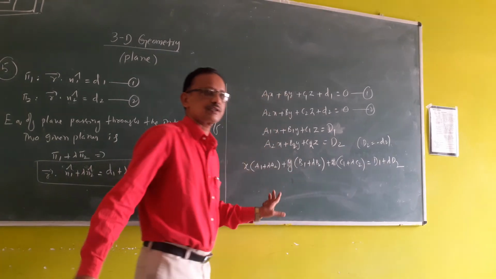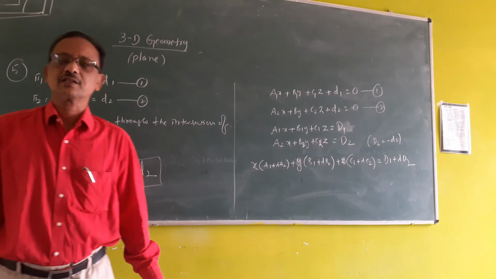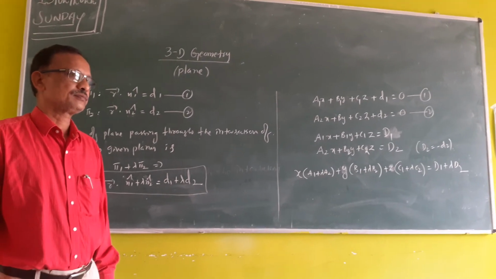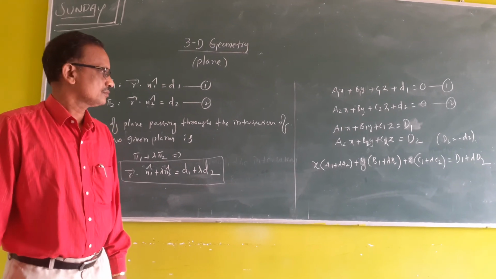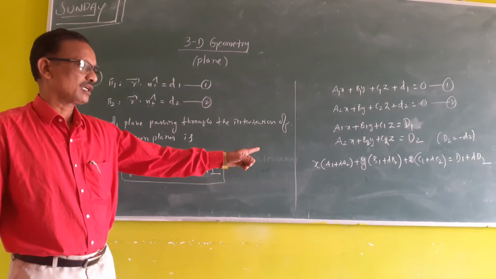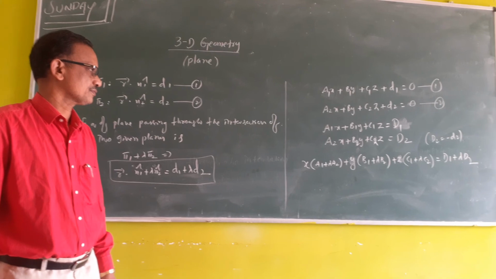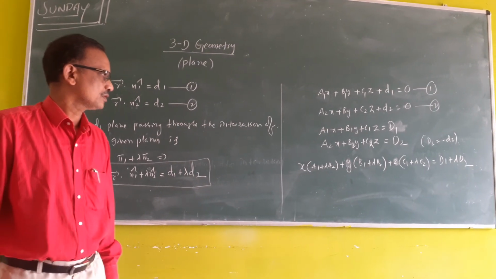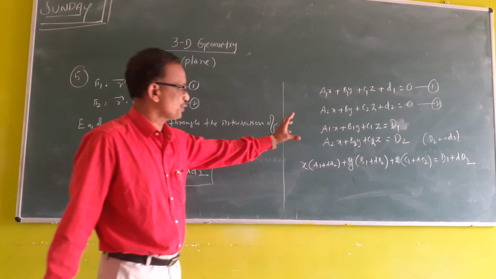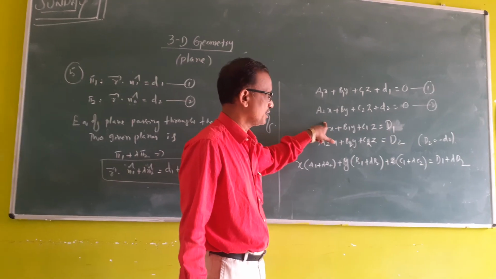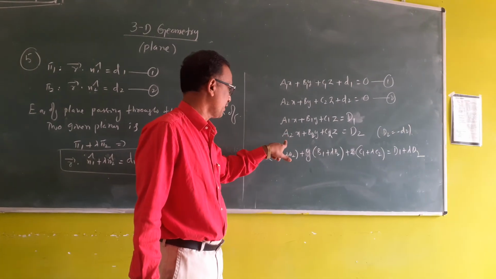So this is the equation of the plane passing through the intersection of two planes. That is the Cartesian form. So how to club these two equations? This is important: this equation plus lambda into this equation.